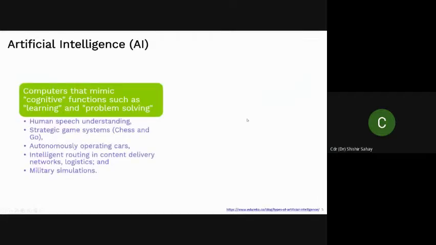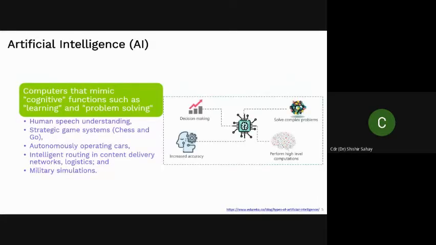What is artificial intelligence? So we talked about intelligence, ladies and gentlemen, human intelligence or animal intelligence or plant intelligence for that matter. Now, what is artificial intelligence? So the keyword again here is that it should mimic cognitive functions such as learning and problem solving. And some examples which I've given you: human speech understanding, strategic games like chess and Go.